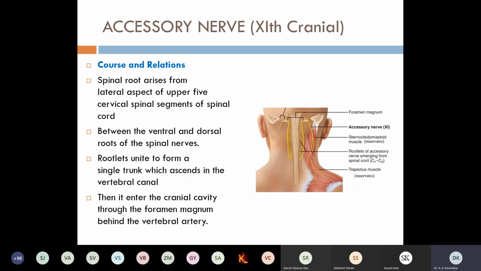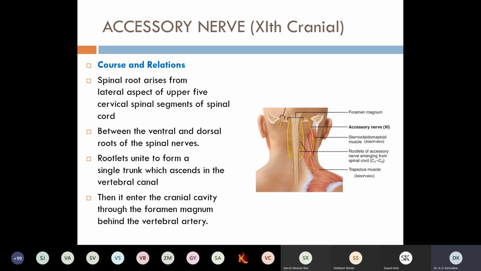The spinal root arises, as you can see, from the lateral aspect of the upper five cervical spinal segments, from the ventral horn. These rootlets come between the ventral and dorsal roots of the spinal nerve, and they join to form a single trunk which will enter the cranial cavity through the foramen magnum.